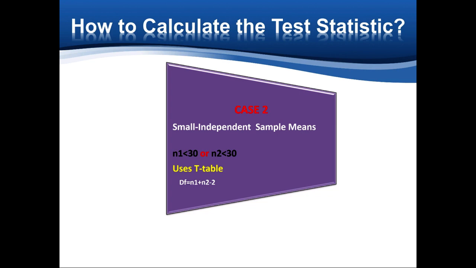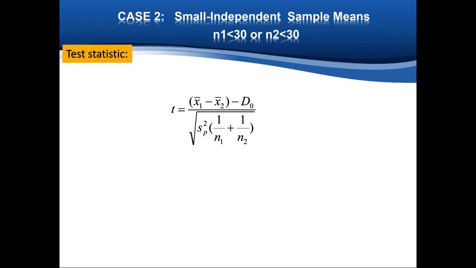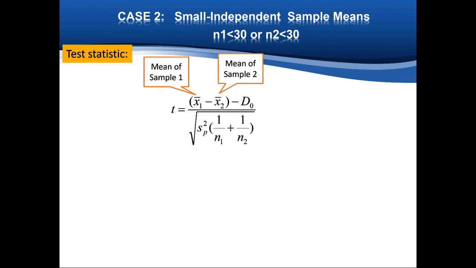Case 2. For 2 independent samples, if the sample size of one of the 2 samples is smaller than 30, we consider it case 2. So the test statistic will be a t-score. The formula is as follows, where x1 bar is the mean of sample 1, x2 bar is the mean of sample 2.